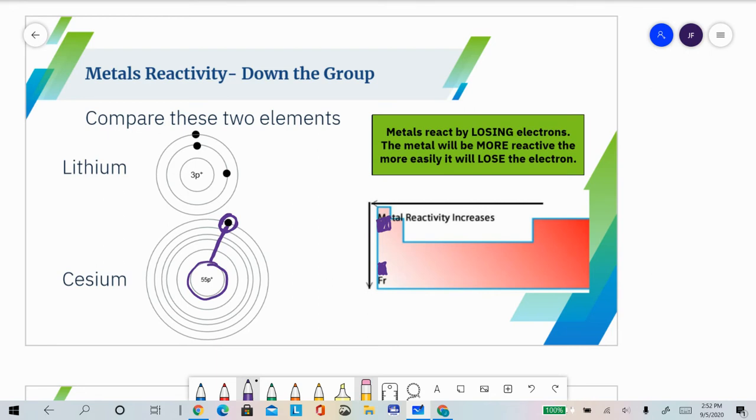So even though there's more protons, this huge distance means that this electron will be easier to lose. So cesium is more reactive than lithium, and so our trend goes from top to bottom down the group. So lithium is less reactive than cesium.